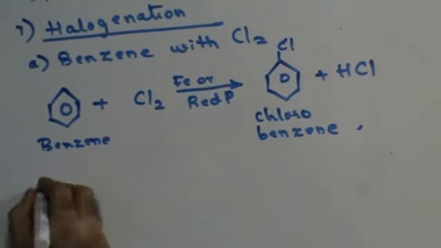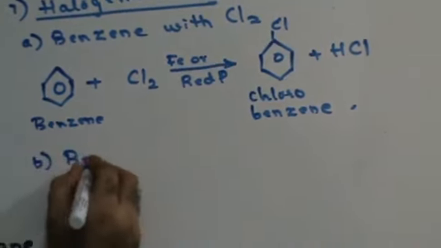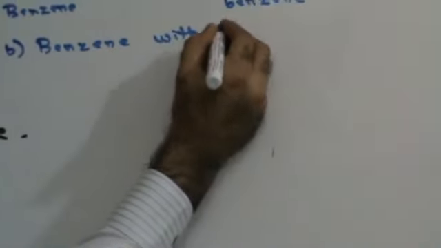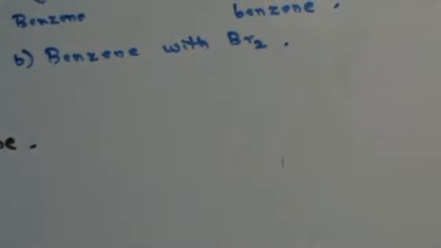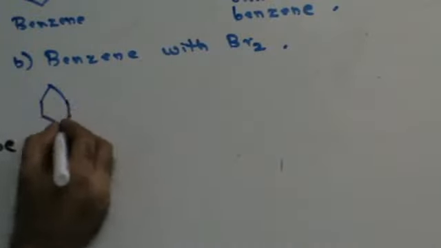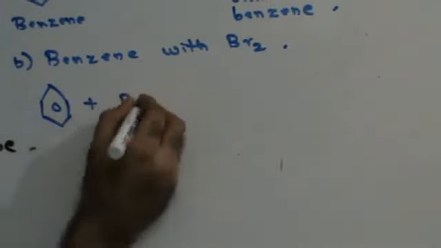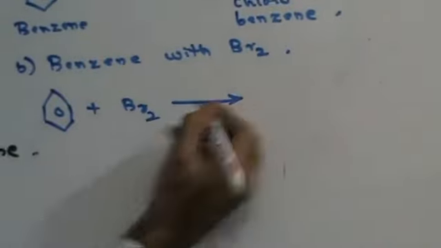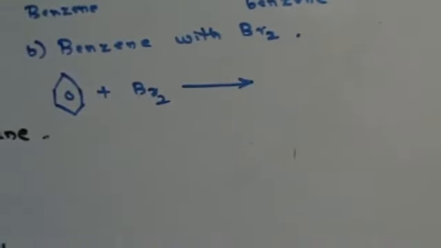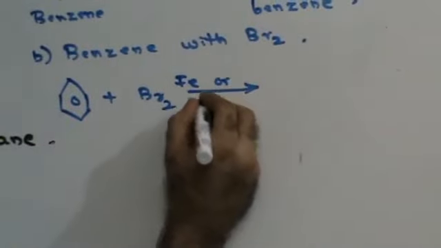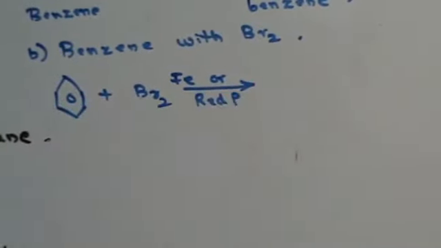I could show you another reaction like this. What happens when, say, benzene reacts with bromine gas? Benzene reacts with bromine gas. Again, you will have benzene reacts with bromine, right? How do I know that it is not addition and it is substitution? Because I'll be using the catalyst iron or red phosphorus.